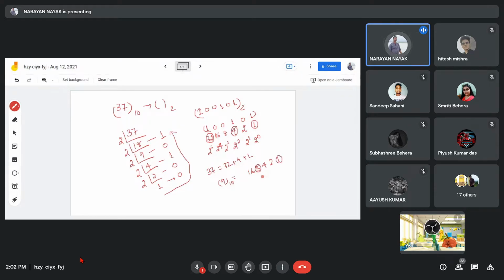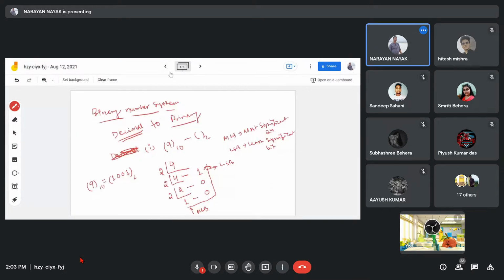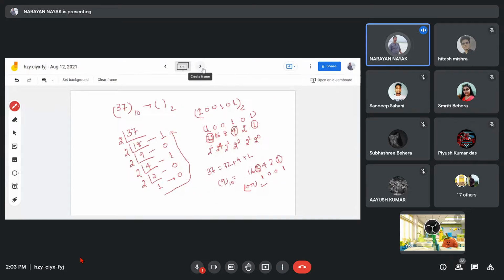So you see 8 is 1 and 1 is 1, and these two values are 0, 0. So 9 is 1, 0, 0, 1. Got it or not? Just see here, 1, 0, 0, 1. So this way also you can represent.